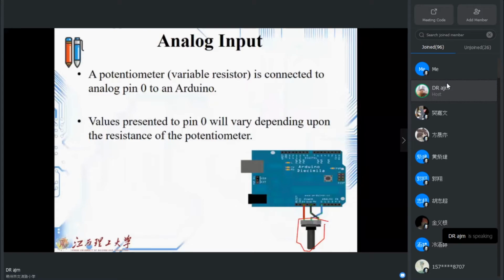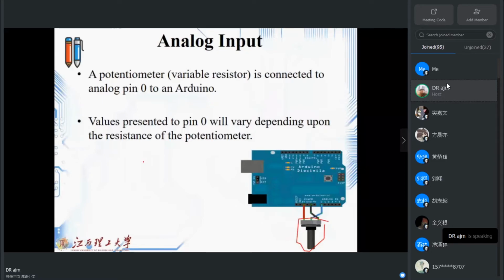Then if you connect it like what I have done here, and turn it to the right and left, the value of the resistor will change. The value of the resistor is related to different values of voltage.